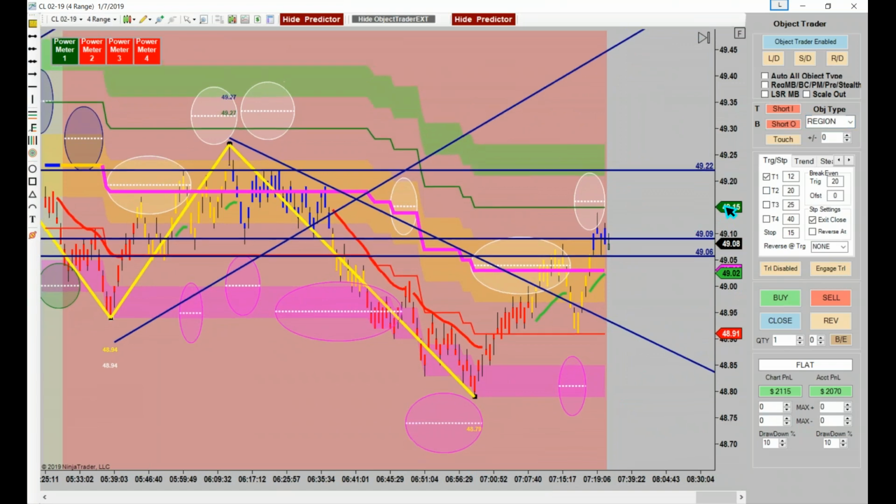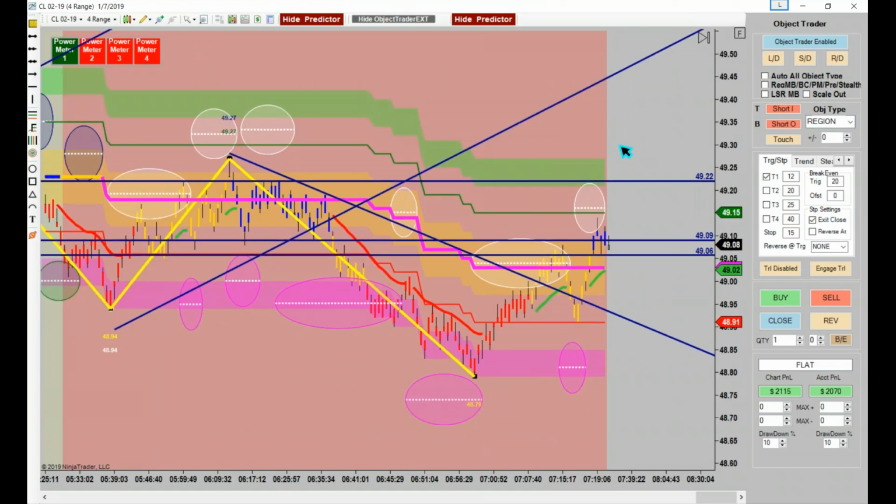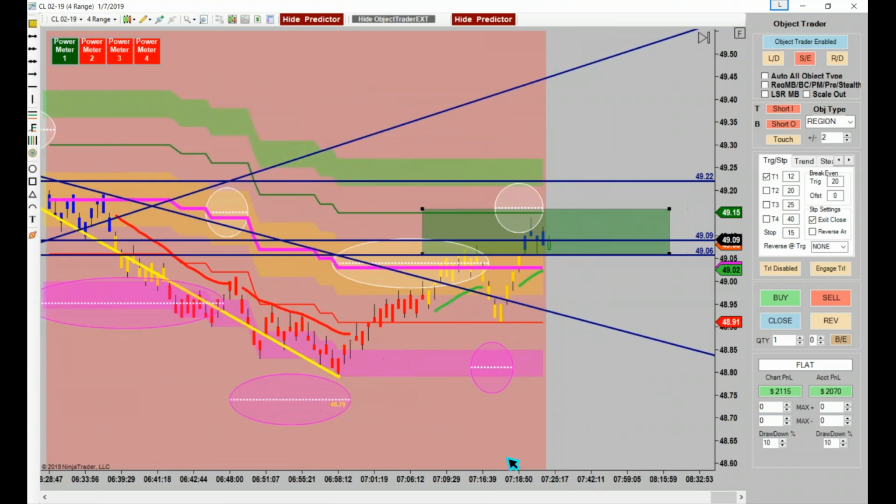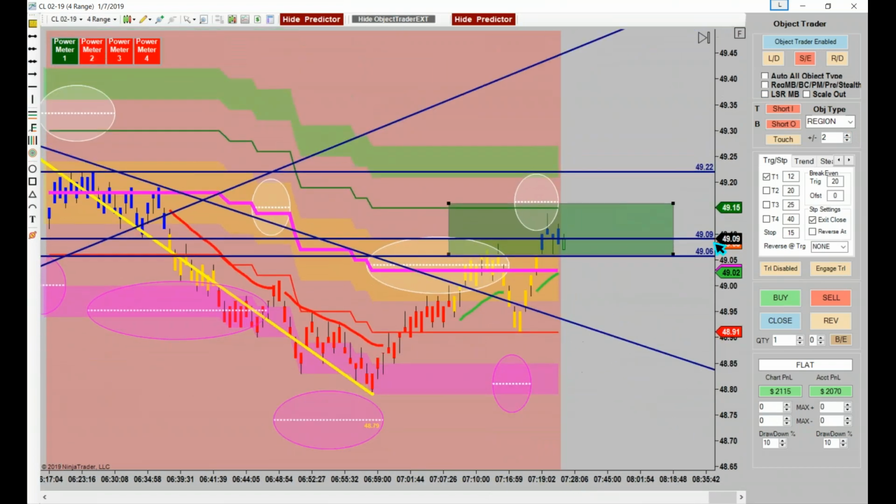We'll just try for like 12 ticks with a region and touch +2. See if we can get 12 ticks. Now, by the way, see how you have a high here, a low, and a lower high? If this goes ahead and breaks, you're changing lightning to red.